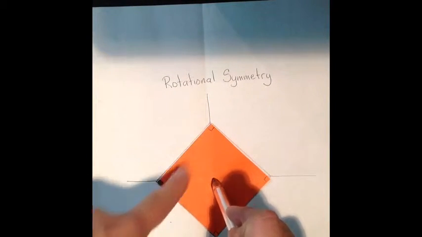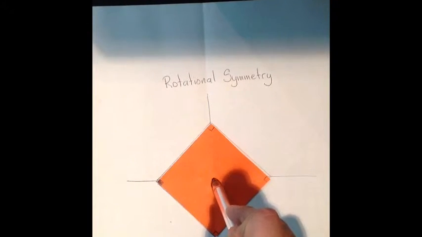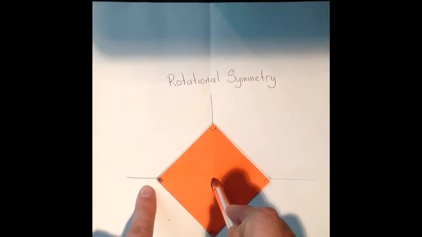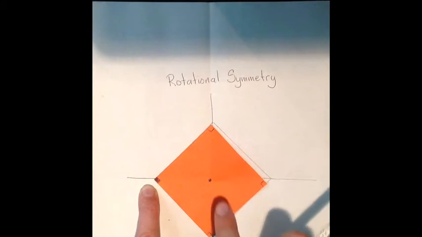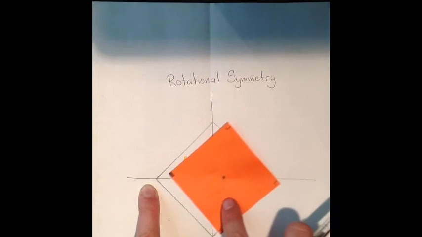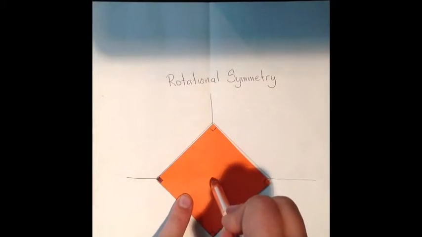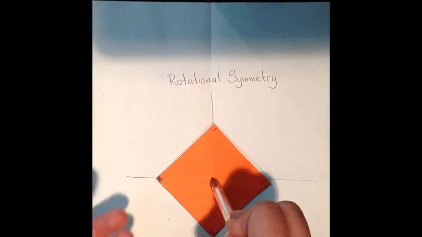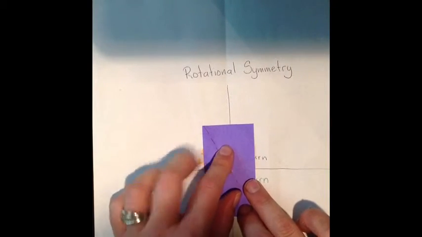And you can see that the black square started here, and it went 1, 2, 3/4 of a turn. So this is rotational symmetry. This figure fits inside the outline of the same figure. It looks the same.